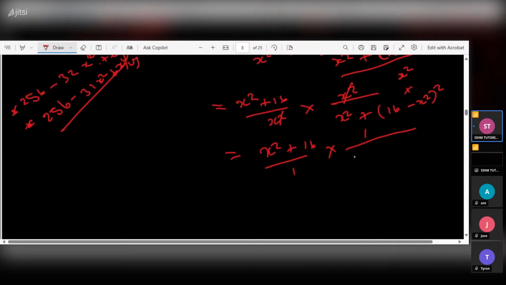Remember here you're going to get 256 minus 31x squared and then plus x to the power 4. So this is still the same answer that we got on the last approach.